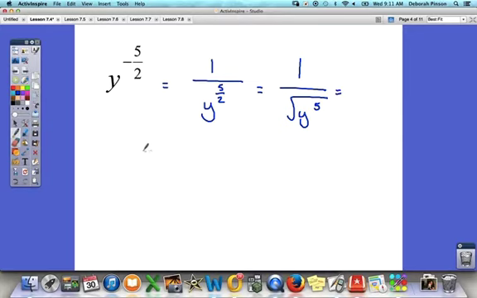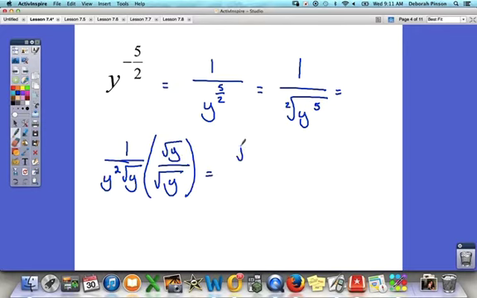I can simplify that a little bit, because if I have 5 y's, I can pull 2 of them out. That would take up 4 of my y's, leaving square root of y. Now that's great, but I'm not really supposed to have a square root in the denominator, so let me rationalize that. So I have square root of y over y to the 3rd, because this right here is a y, and I've got 2 there, so I have 3 total.